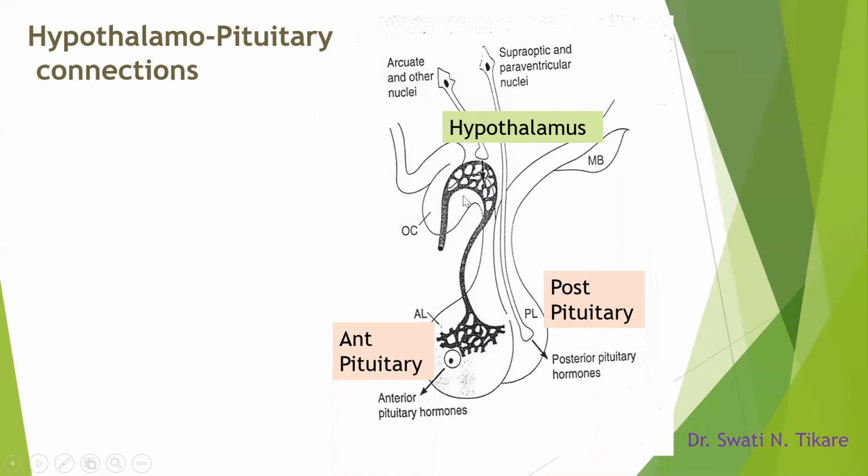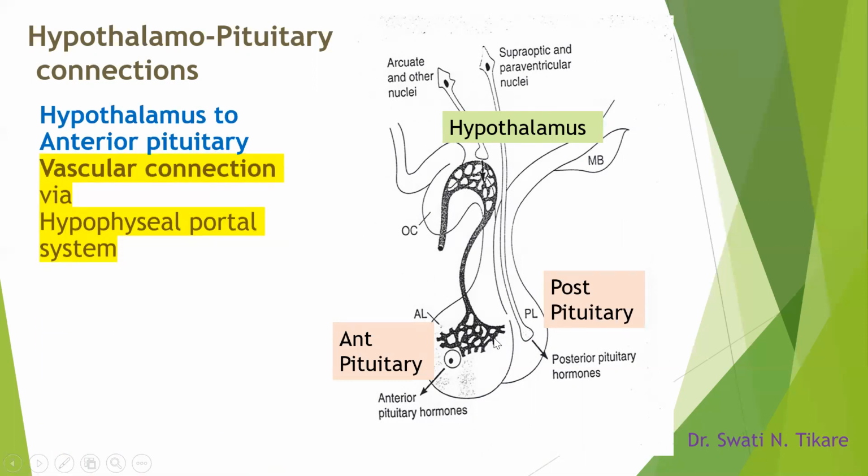Okay. So there is a capillary network at the hypothalamic end and one capillary network at the anterior pituitary end connected by the vessels. So let's learn more about how it is connected. First thing is the anterior pituitary. You can see that the hypothalamus to anterior pituitary is by vascular connection via the hypophyseal portal system.